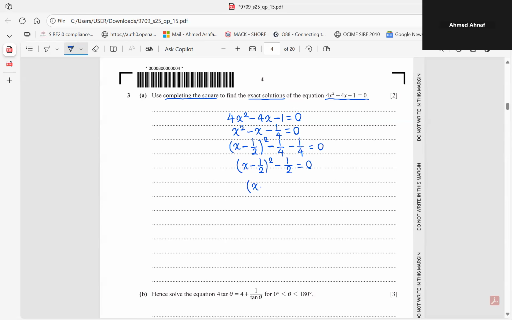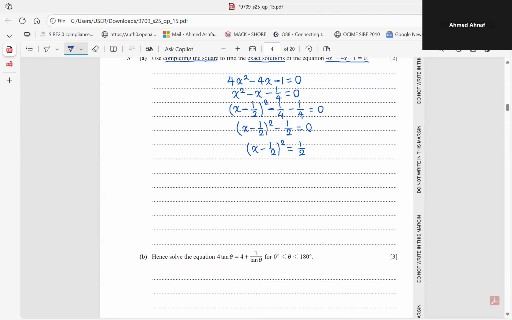Now we're going to move the constant term over to the right-hand side. So x minus half squared equals to half. Now we can take the square root on both sides. So we'll get x minus half equals to plus or minus square root half.